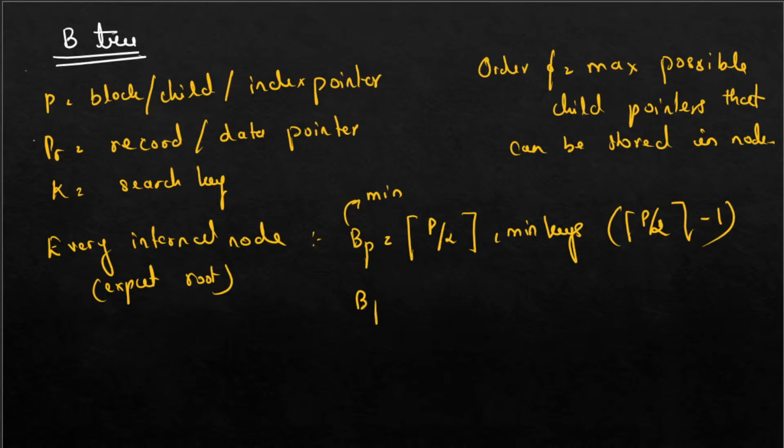And block pointers are maximum P, and max keys are P minus 1. So root can contain minimum 1 key. Root can contain minimum 1 key.